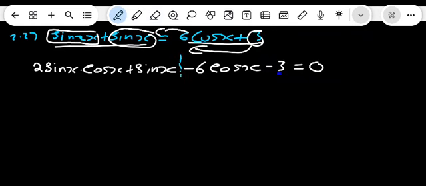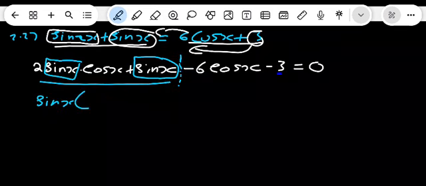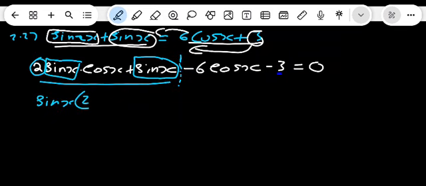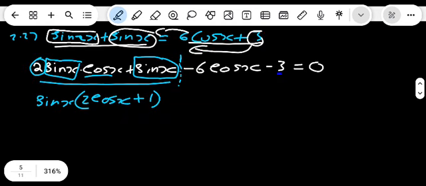If you factor by grouping, just separate this, focus on these two. What is common here? You'll see that sine x is common. You take out sine x as a common factor, and you are left with 2 cos x plus 1. Alright, you see what you have. Now you come to this side and check what is common here.